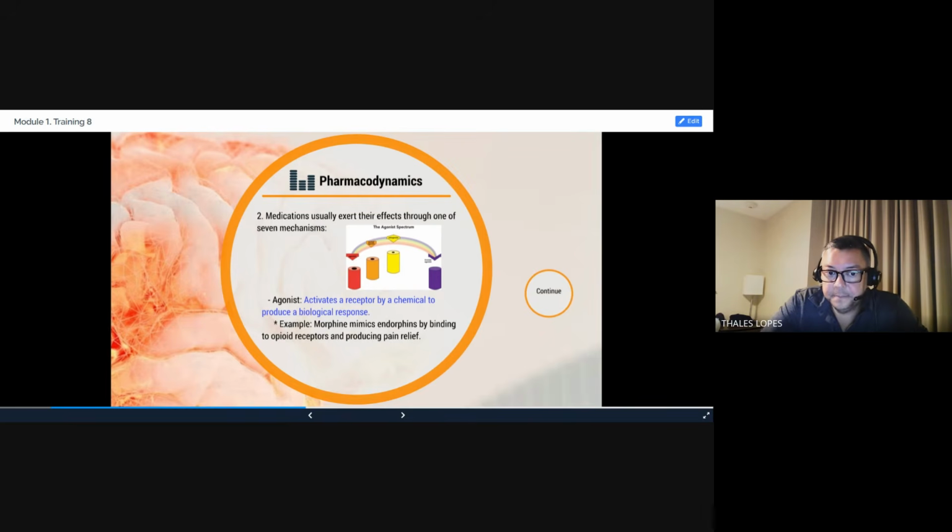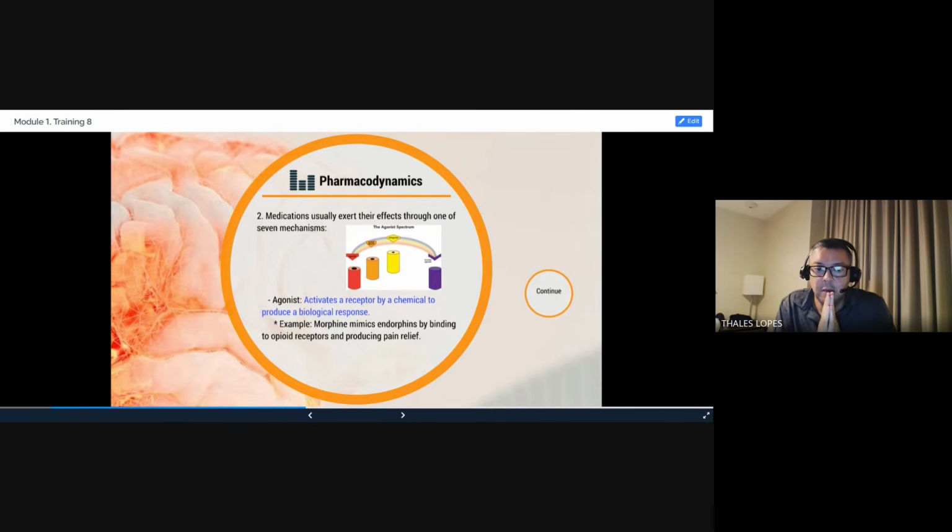Agonistic. It activates a receptor response, a chemical response to produce a biological response. So basically, activates to produce a response. Know exactly this terminology. Activate the receptor by a chemical to produce a biological response.